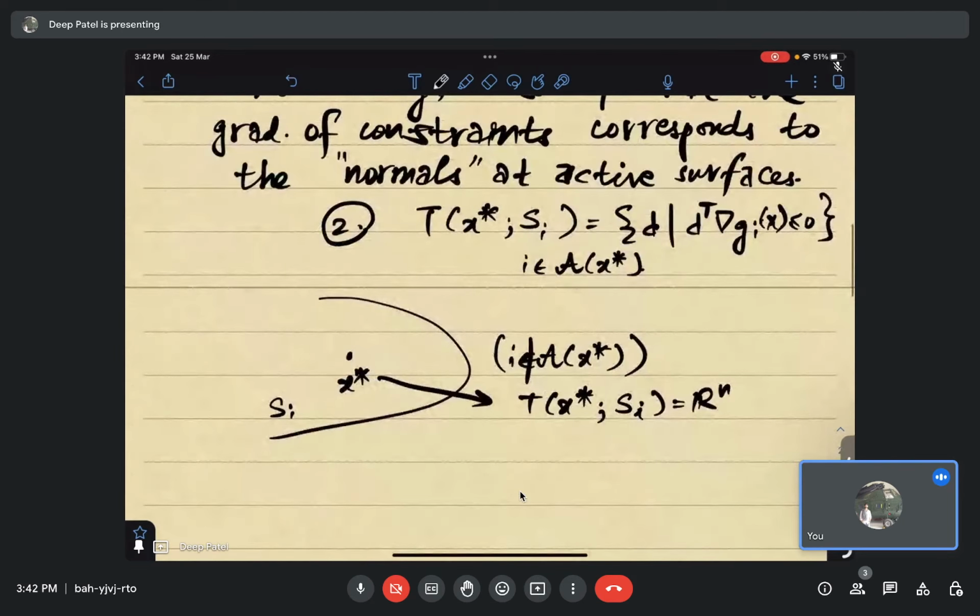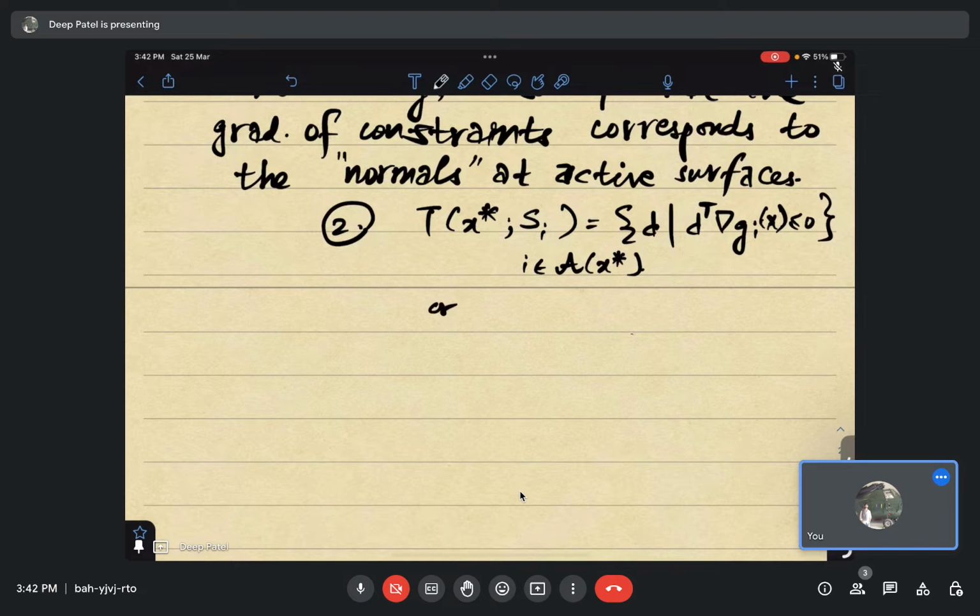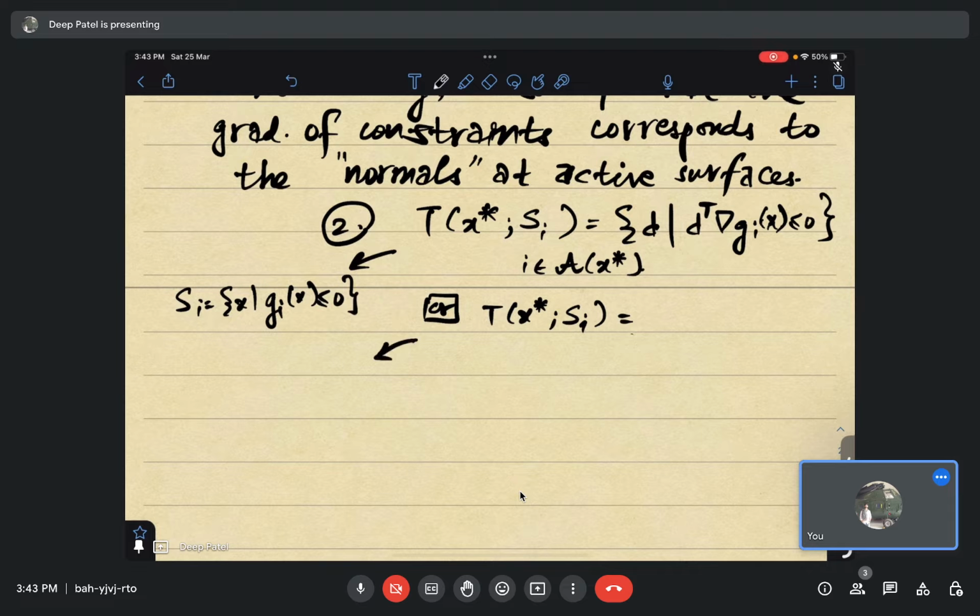I'll remove this. This is for an inequality constraint, and the next thing I'll write is where it's an equality constraint.